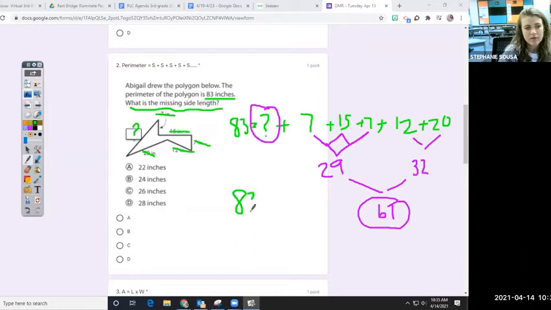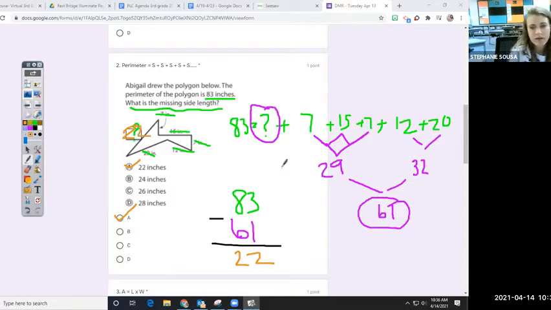So 83 subtract the 61 inches that we do know gives us a total of 21, 20, oh, I apologize, 22. Dang it, I got excited about my joke and messed it up. 22 inches. So 22 inches, A, is what is missing from this perimeter because we would need to add 22 inches to equal 83. Questions on that?